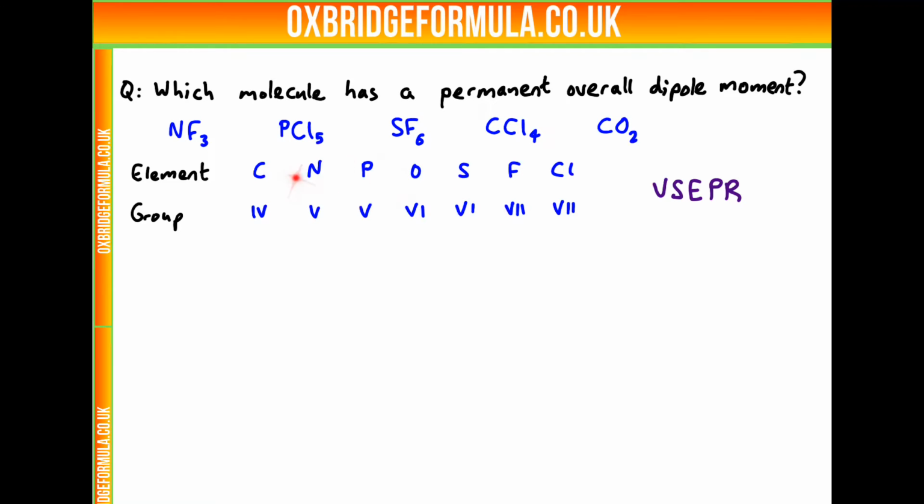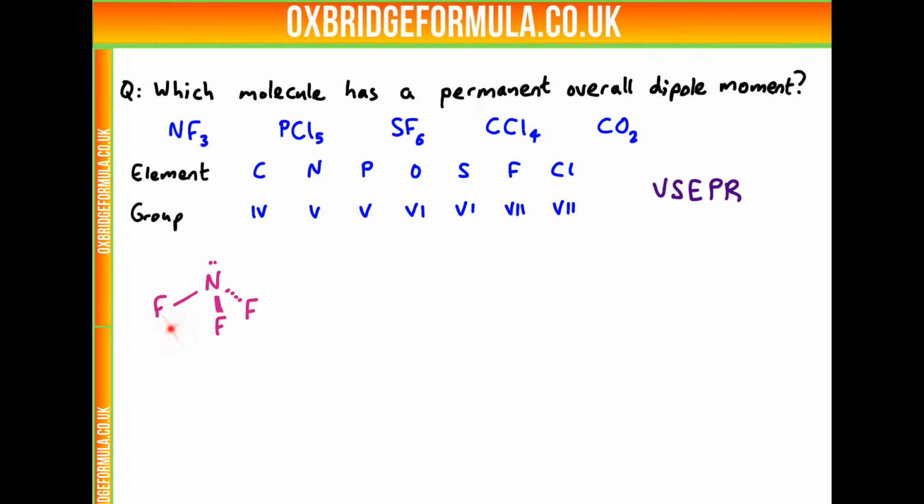And so we can see that nitrogen is going to be surrounded by 3 fluorine atoms. And where will these be in space? It would have used 3 of its 5 outer shell electrons, leaving 2 behind. And these 2 will form a lone pair. And so what that looks like is something like this.